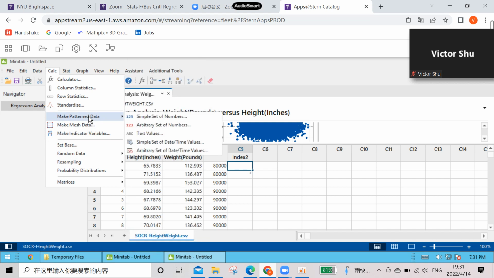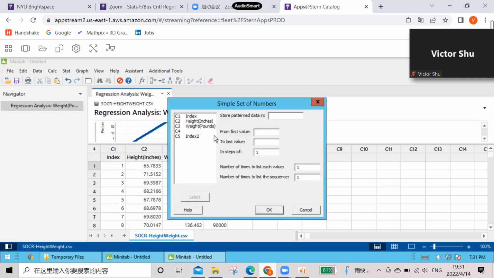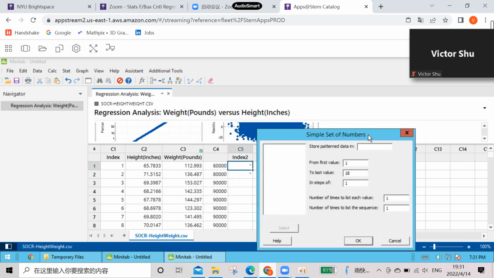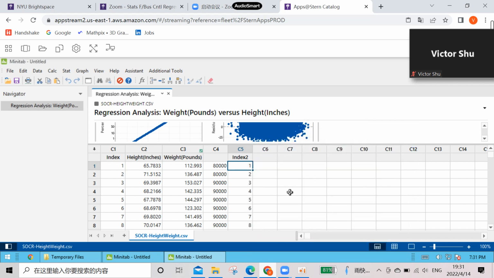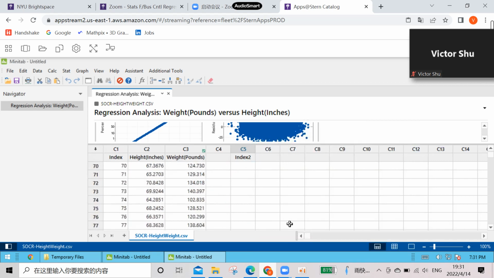Make pattern data perhaps. A simple set of numbers from 1 to 18 in steps of 1 starting with C5. Here it is. So I have to make sure they are the same length. Okay.